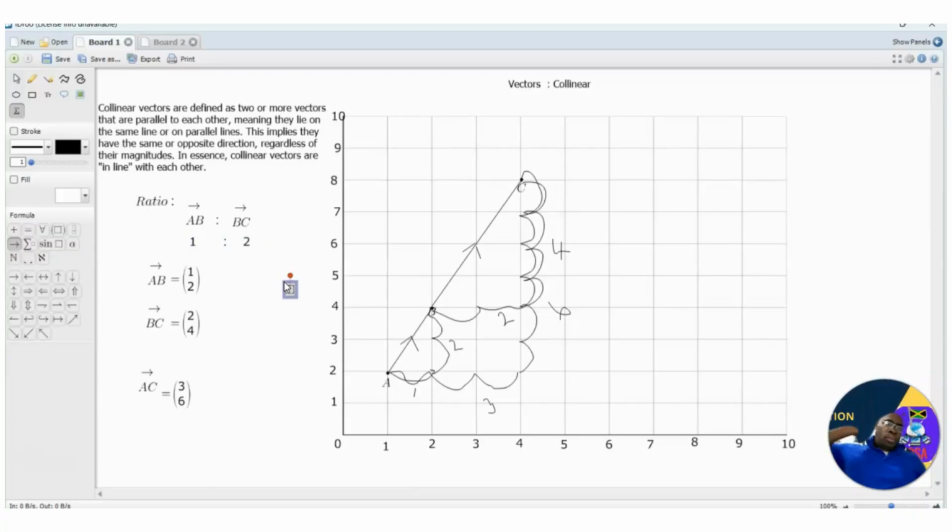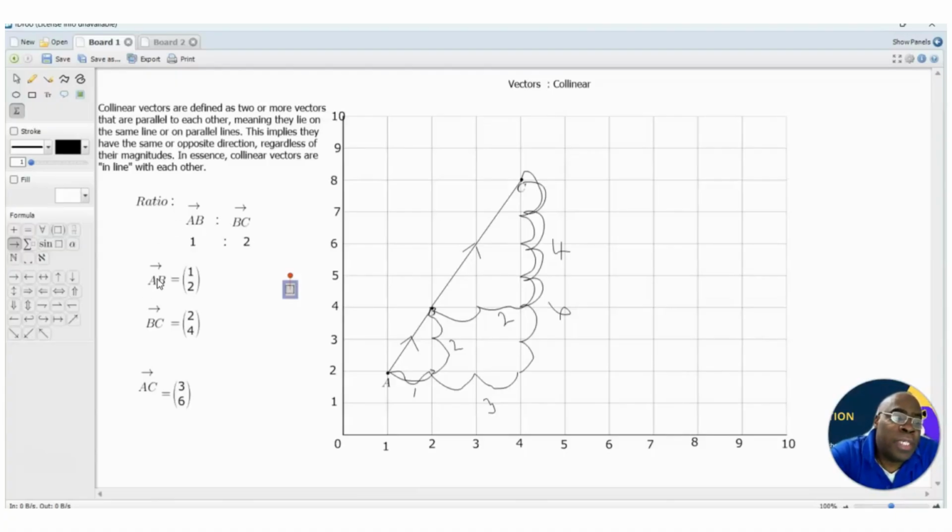That's the ratio, 1 to 2. Good. So it means then that 2 of AB will give us 1 of BC. So that's one way of saying it's on the same line.